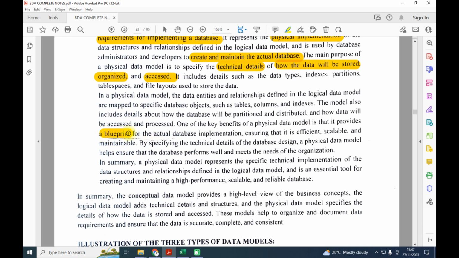It will provide a blueprint for the actual database implementation, ensuring that it is efficient, scalable, and maintainable. So it will give us that particular framework, the way that we shall follow when we are creating and implementing the actual database, so that we can ensure the database that we have implemented is efficient, is scalable, can increase or decrease in size, and is maintainable.